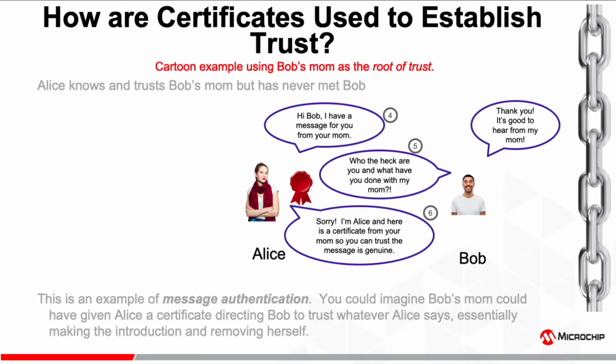You could imagine Bob's mom could have given Alice a certificate directing Bob to trust whatever Alice says from that point on. This is the way systems are sometimes pruned off and given to clients. If we can go back to our lighting control or lighting network example, a lighting company will come into, say, a college campus, and they'll put lights all over the college campus.